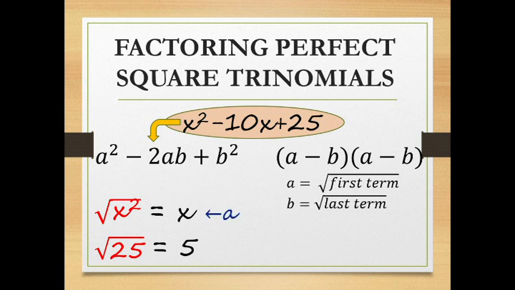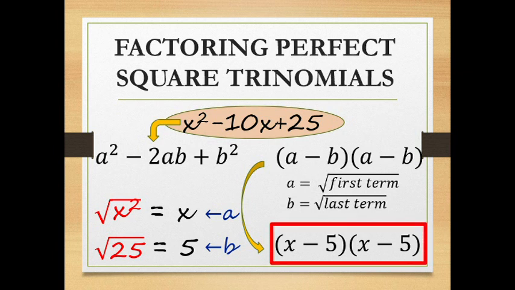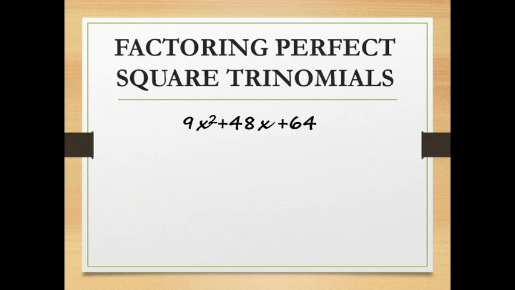The square root of x squared is x. The square root of 25 is 5. From the pattern a minus b times the quantity of a minus b, isa-substitute lang natin yung value ni a at b. Kaya ito yung naging sagot. The factors of x squared minus 10x plus 25 are the quantity of x minus 5 times the quantity of x minus 5. Nagets mo ba?